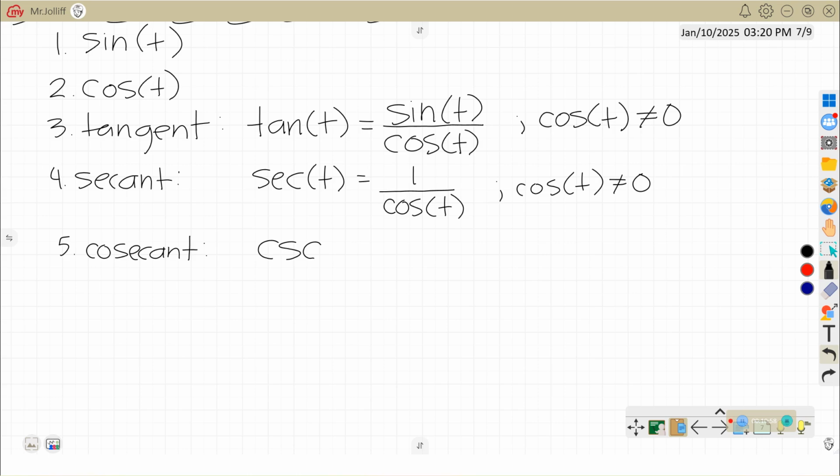So CSC, and this guy is 1 over sine. And we know our denominators can't be 0. So now we're limited by the fact that sine cannot be 0. This guy's also going to have holes or asymptotes, but they're going to be in different places than the other guys.